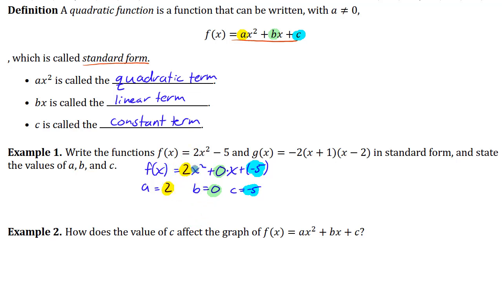With g of x, you have to FOIL it out, which I already did a minute ago in the last one, but we can do that again here.